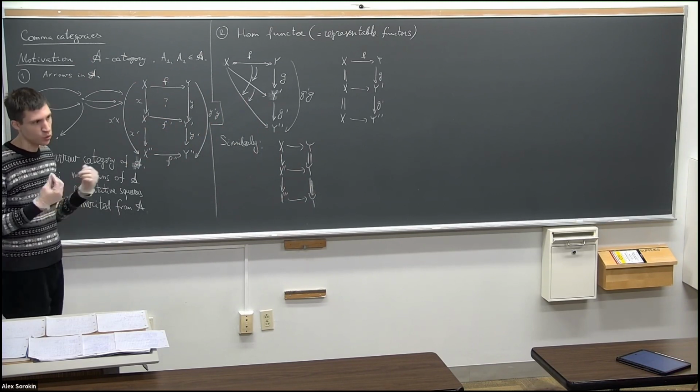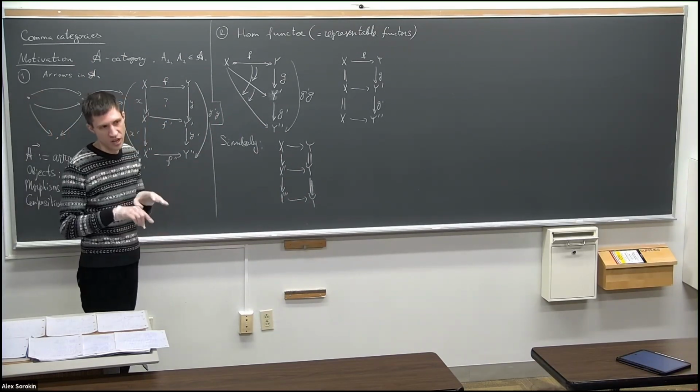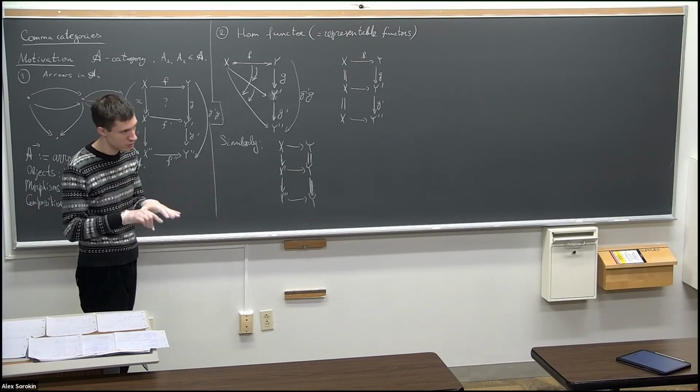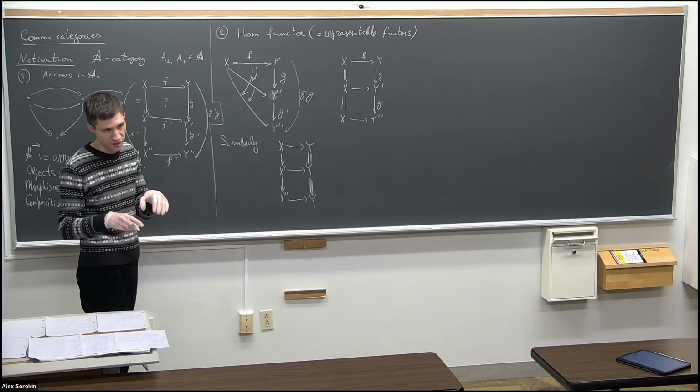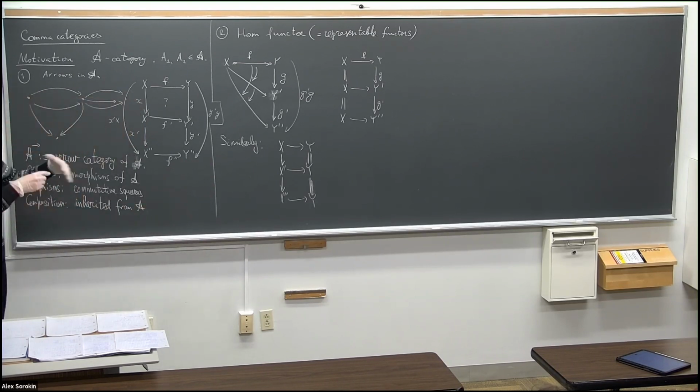That you are looking at diagrams of a certain shape in your category and think about these diagrams as being morphisms between certain arrows in this category.